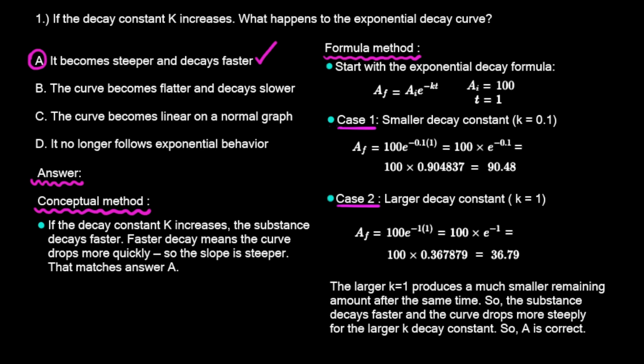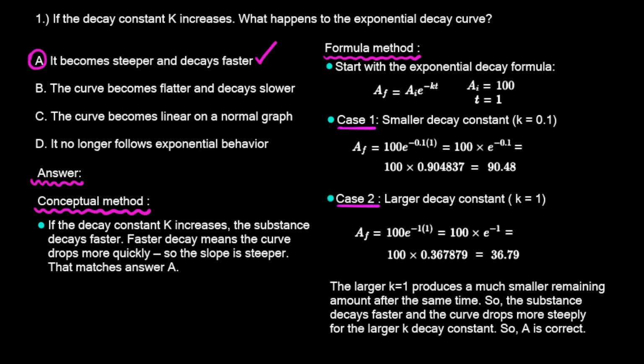Let's assume the initial amount is 100 grams and the time is 1 unit of time, or let's just say 1 hour. In case number 1, for the smaller decay constant of k = 0.1, we plug the values into the formula to get AF = 100 times e to the power of negative 0.1 times 1. And that 1 is equal to the unit time, or 1 hour.